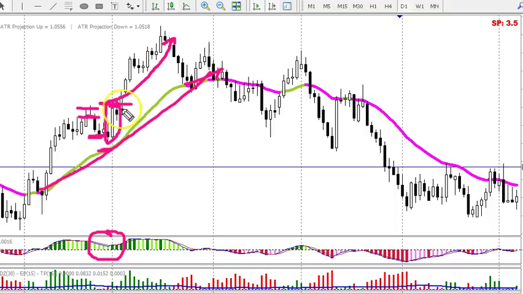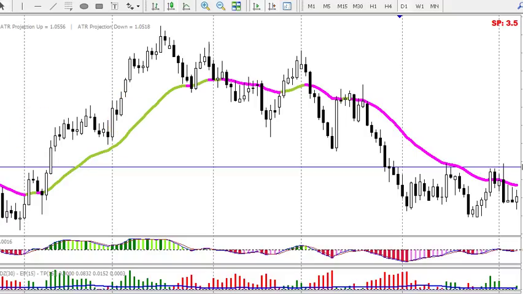Do you see that? An entry for the conservative traders here, and the conservative trader lost these pips from here to here. The aggressive trader would have gotten in there, okay? So that's one example of a conservative and aggressive style continuation type of entry.